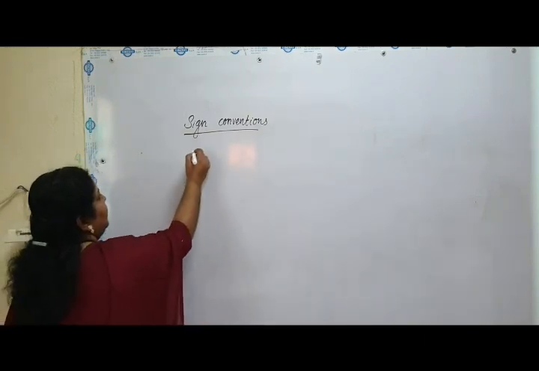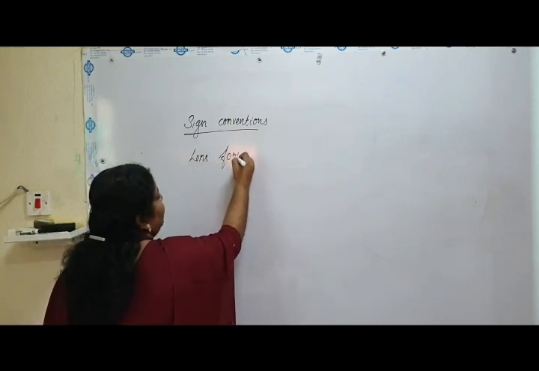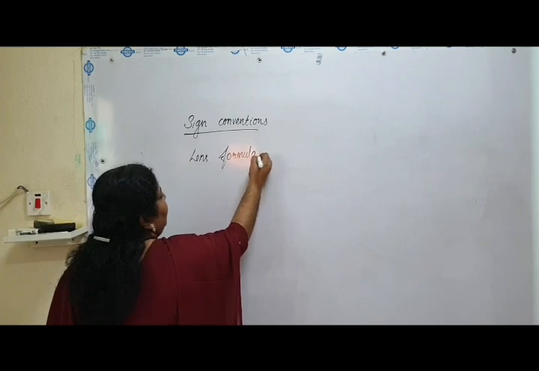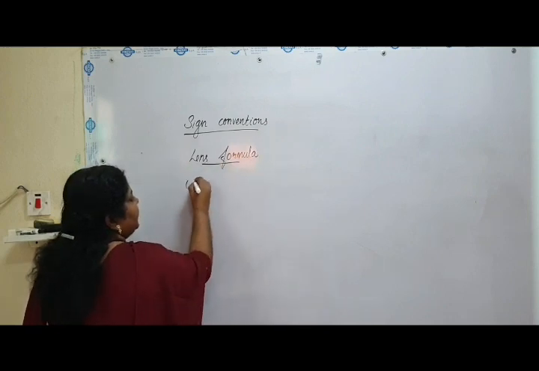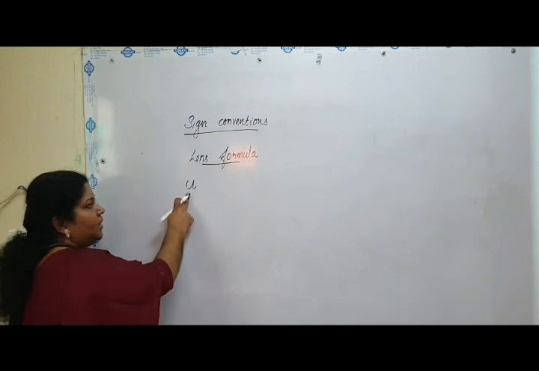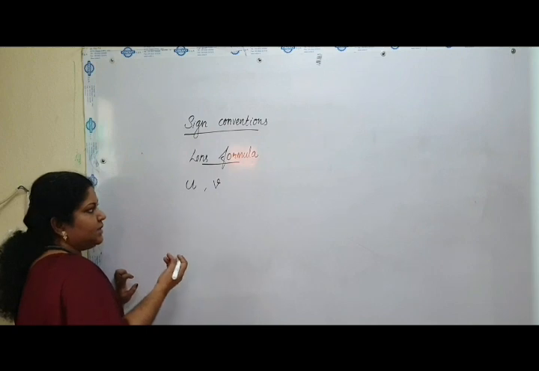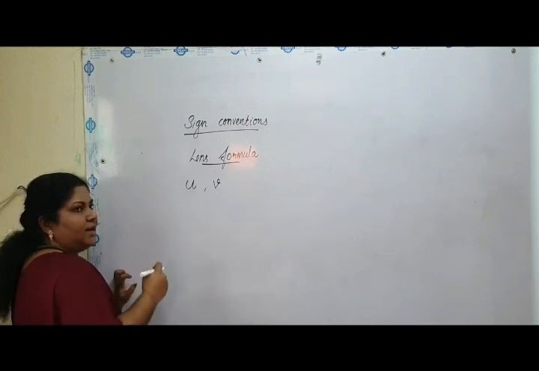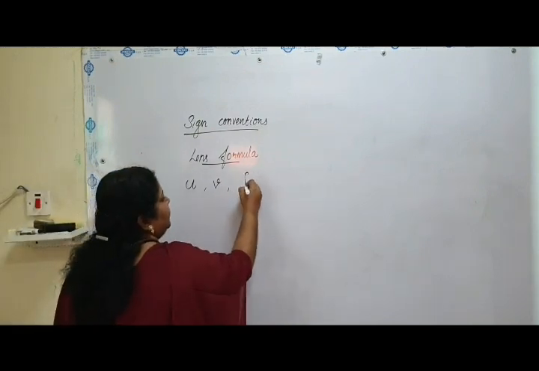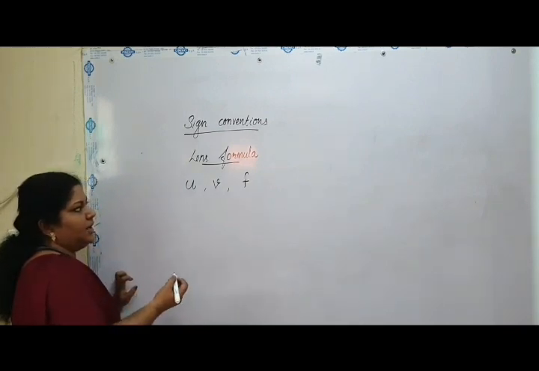Now we will see lens formula. You have already learned mirror formula, right? So lens formula is a relation between object distance U, that is the distance between object and the optical center, V, that is image distance, distance between image and the optical center, and the focal length. Focal length is the distance between focus and the optical center.